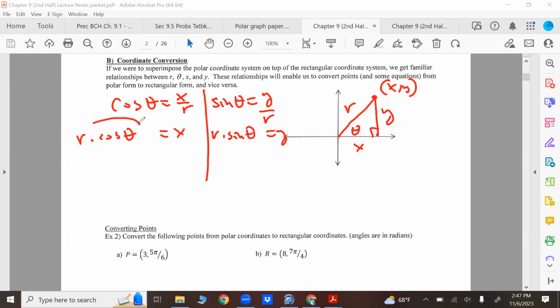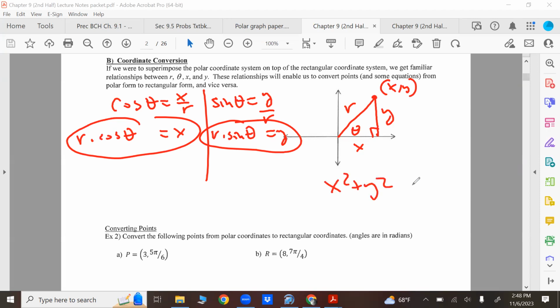So that's one way of doing a conversion. That's kind of important to see. x equals r cos theta, y equals r sin theta. Also, this is part of the unit circle, or part of a circle. We know this is true. So you could think of it as a substitution: what would happen if you substitute for x and y?